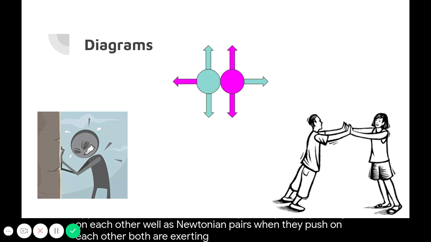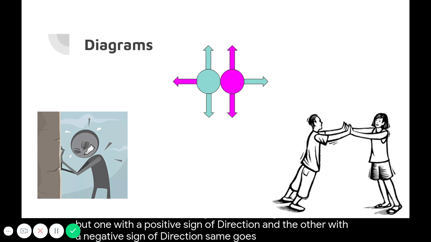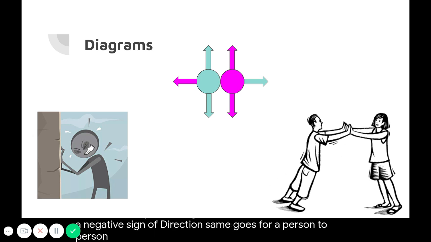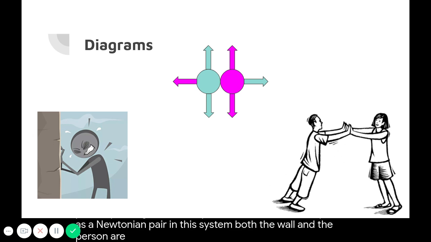Two people. These are Newtonian pairs, one with positive sign and one in the negative direction.